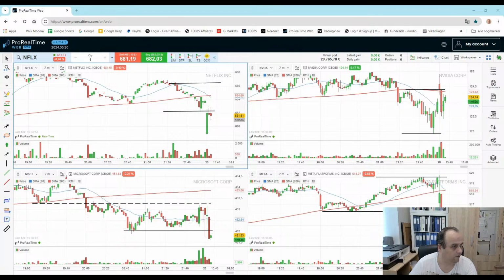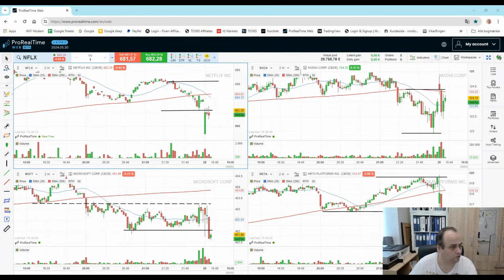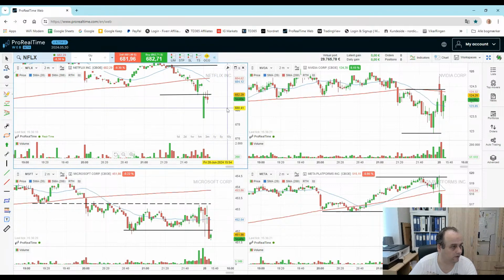Okay, Netflix should produce some kind of green now, because these are basically two pausing bars. But if it's not really producing any more green, then it has to basically go all the way down to where it started.